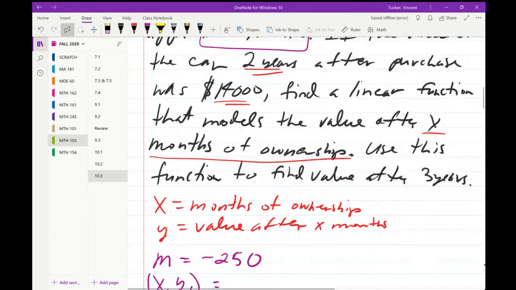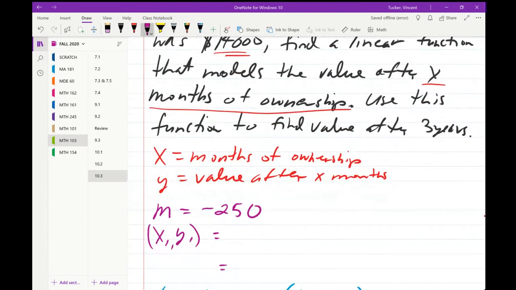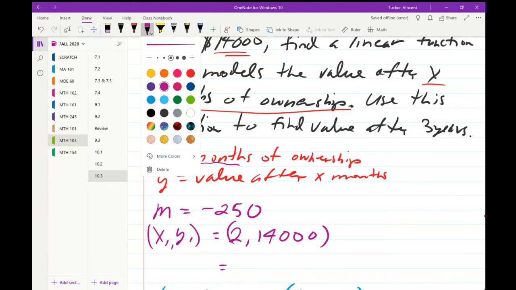So going back to x1, y1, that's 2 years and $14,000. So now we have to be careful here, because x represents months of ownership, but they give us our first value of ownership in years.